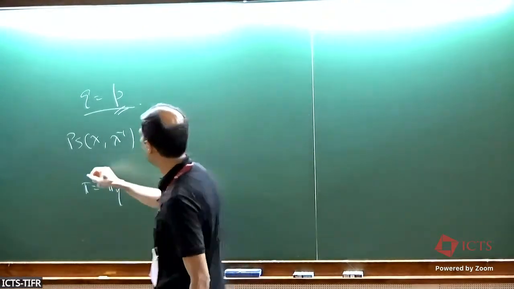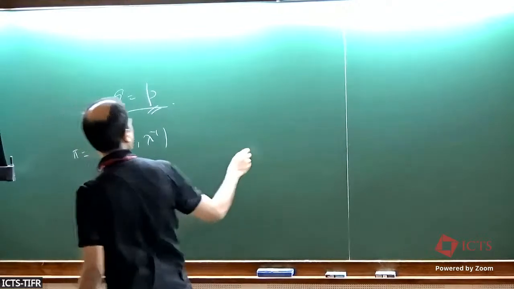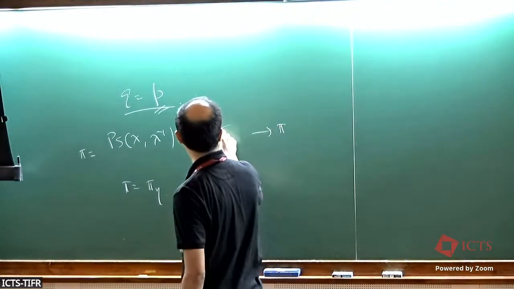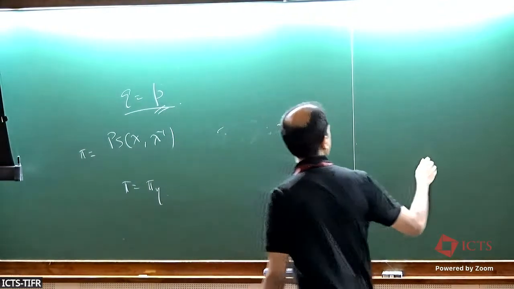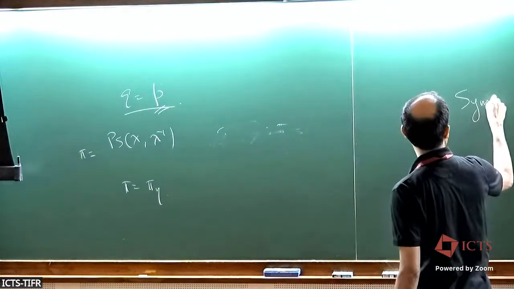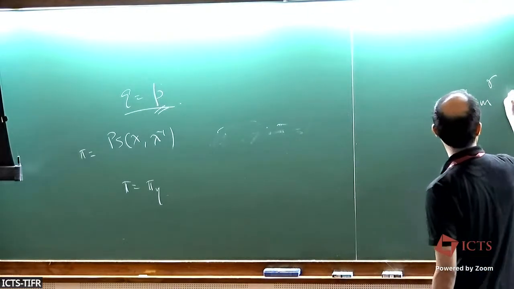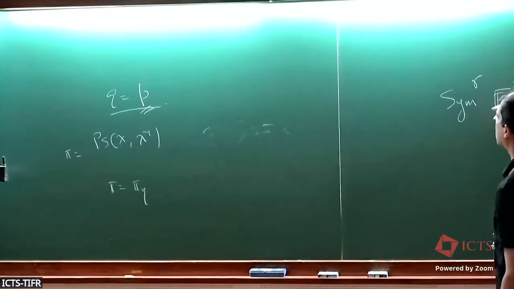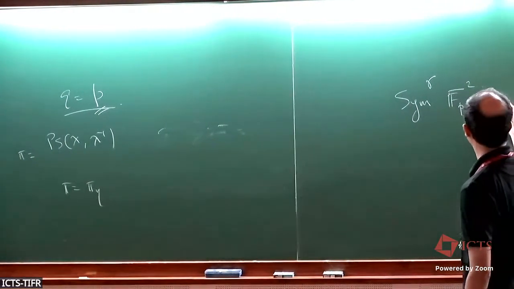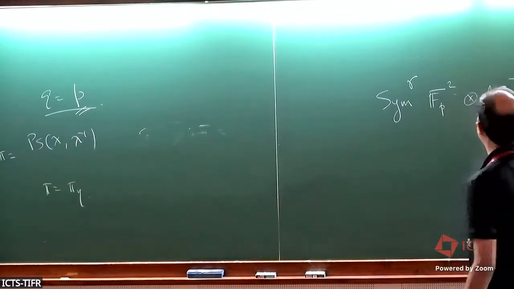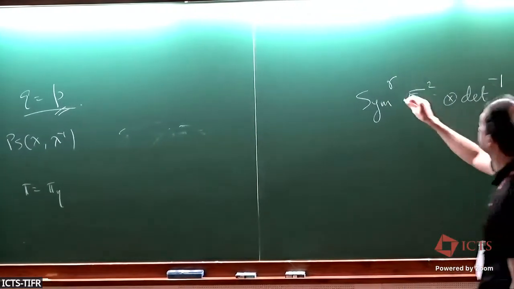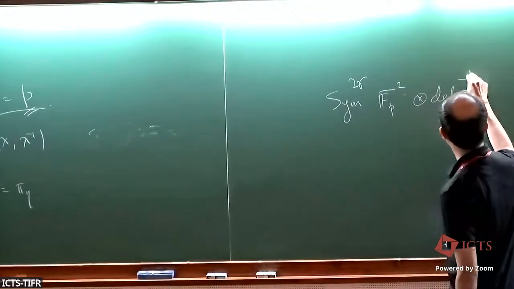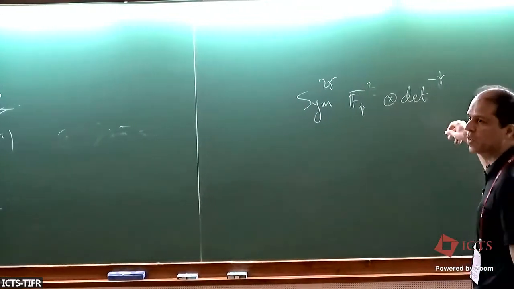So this pi. So pi has, so you take the sim power r of the standard representation, and its central character is 1. So you take 2R and that minus R. So that makes the central character trivial.